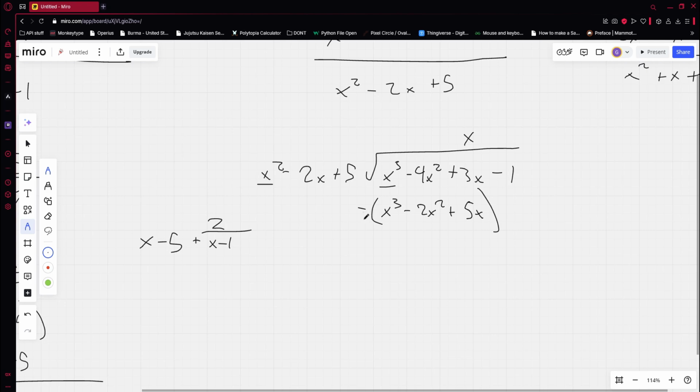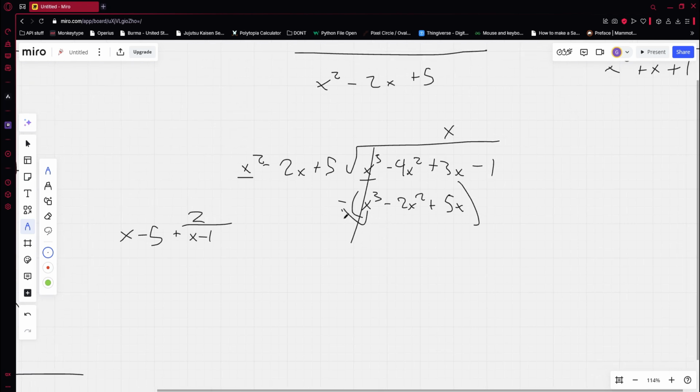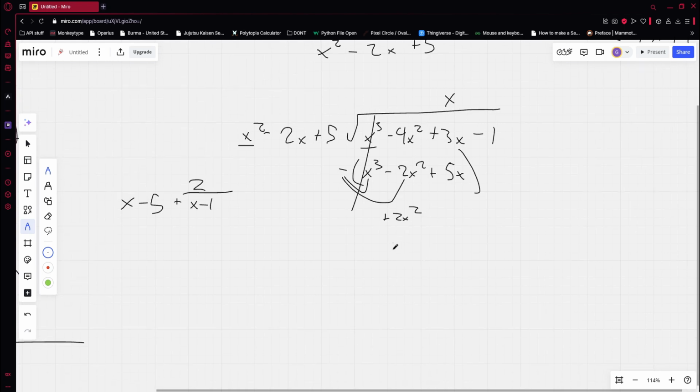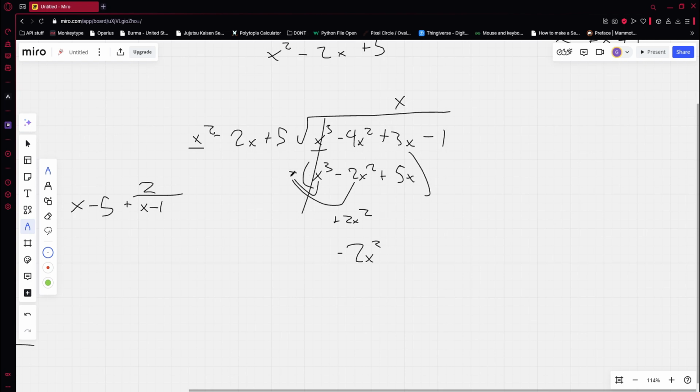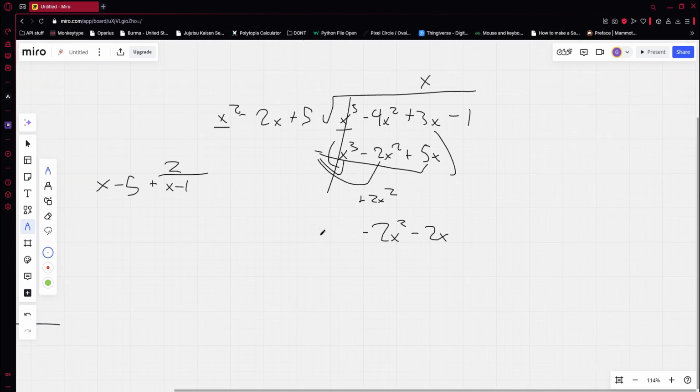So, negative crosses out. Negative adds. So, we get positive 2x squared with a negative, so we get an ending number of 2x squared. And then negative, we subtract, and then that gives us negative 2x. So far, so good.